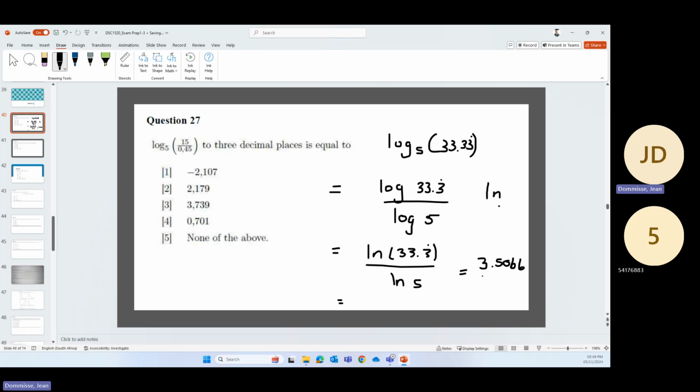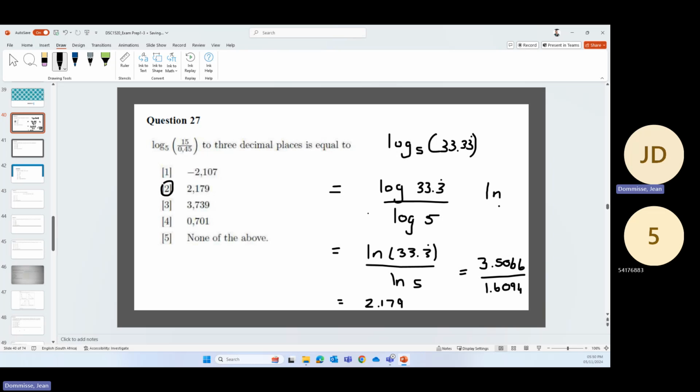That is not the answer there. Then we divide by log of 5, which is 1.6094. If I get that answer, it is 2.179, which is option 2.